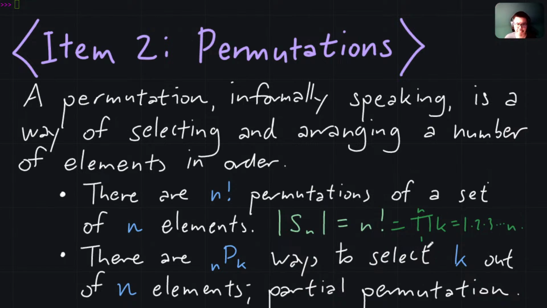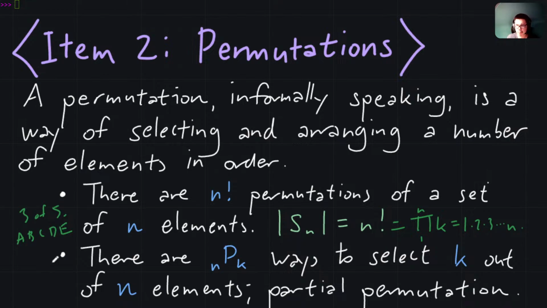There are nPk ways to select k out of n elements, which we call a partial permutation. For example, we want to select 3 out of 5. So A, B, C, D, E. You may have seen that before in the 5th puzzle of the classical cascade.